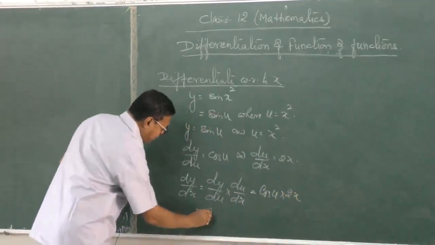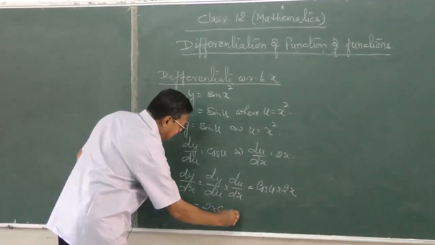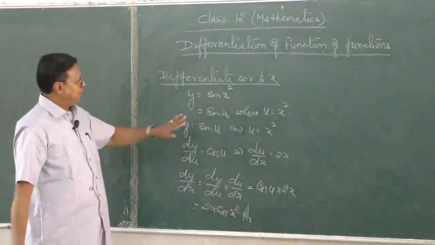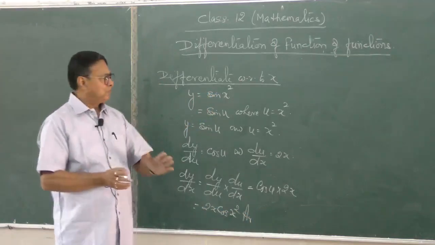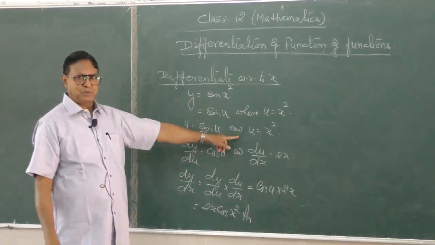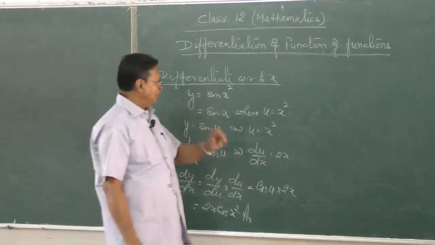So this is 2x into cos of u, u is x square, so that's the answer. So we bring it into the same formula which we have given, one function, and then we differentiate. Here two functions are involved, two operations involved. I come to that other example which I gave.